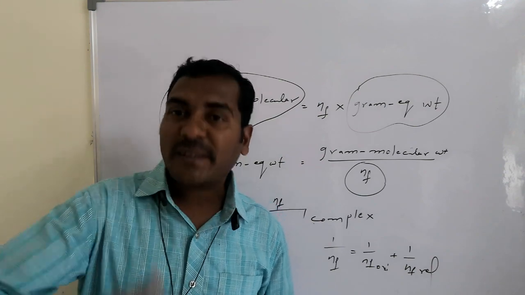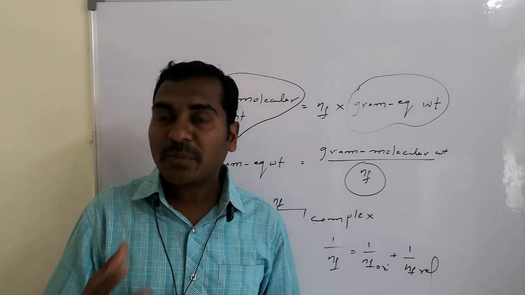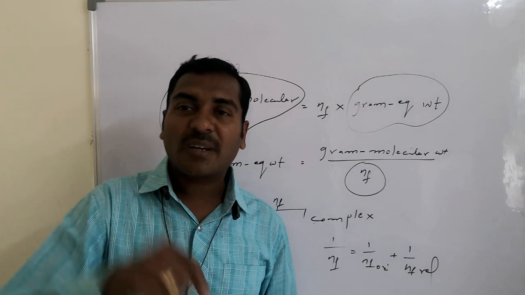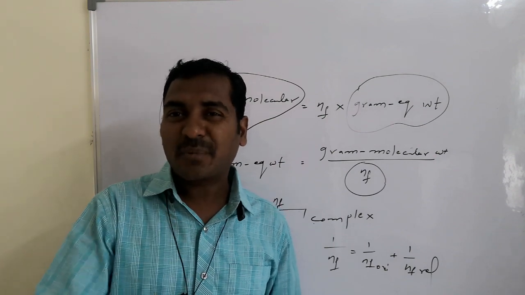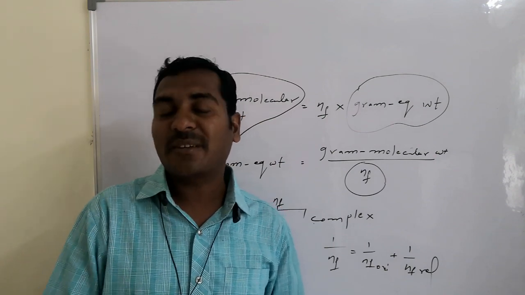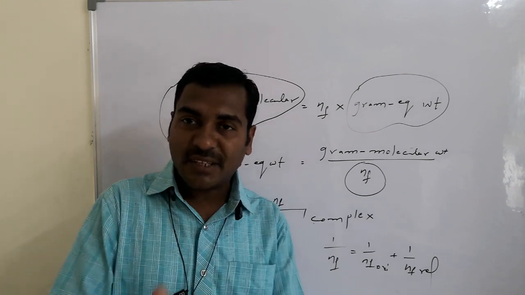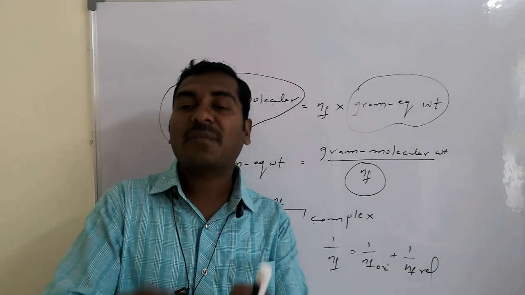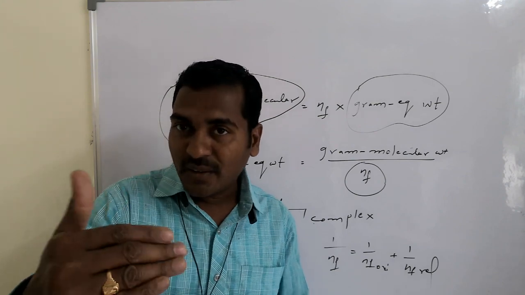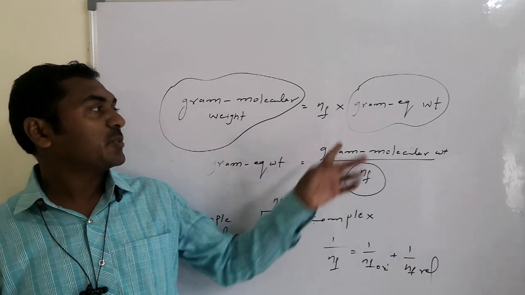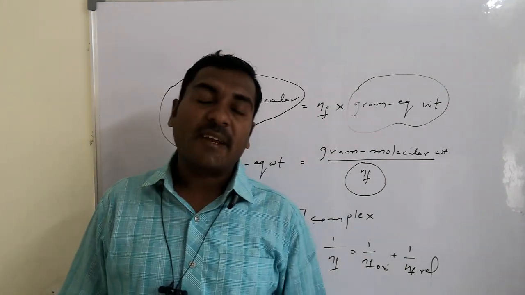The number of active species that are going to be produced from 1 gram molecular weight, or one molecule, is said to be the number of electrons, the number of active species produced from one molecule, otherwise the number of gram electrons. That is, as many Avogadro numbers of active species as are going to be produced from 1 gram molecular weight of substance is said to be its corresponding N factor value.